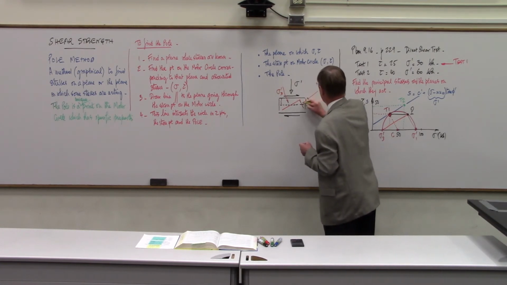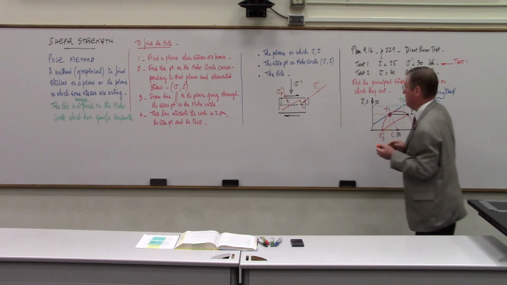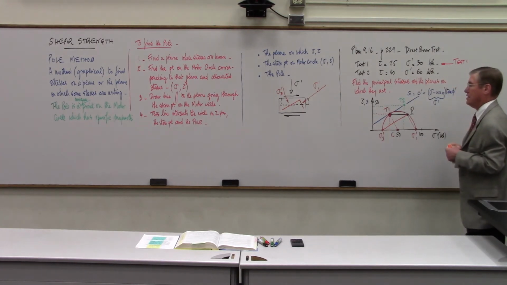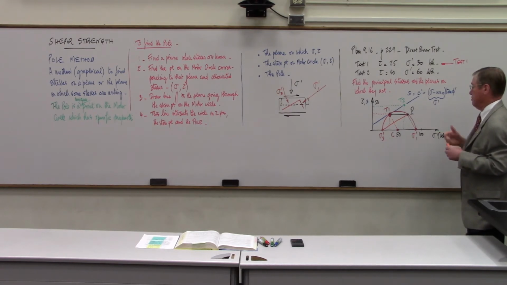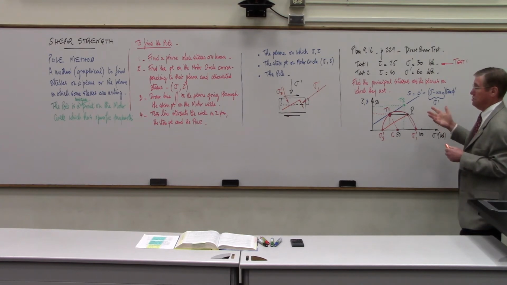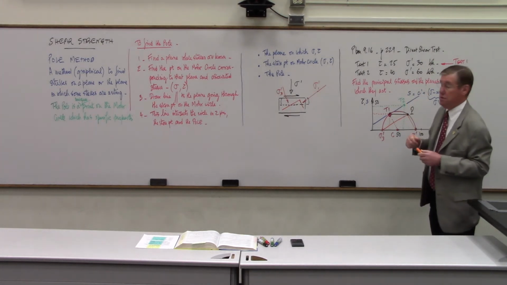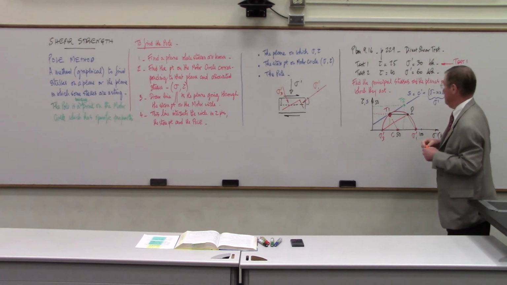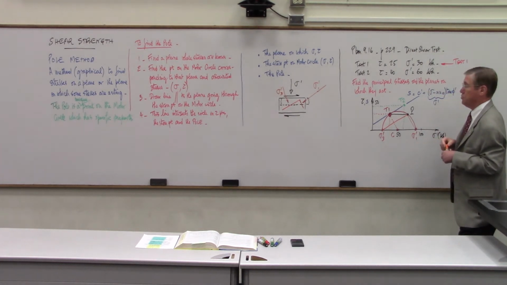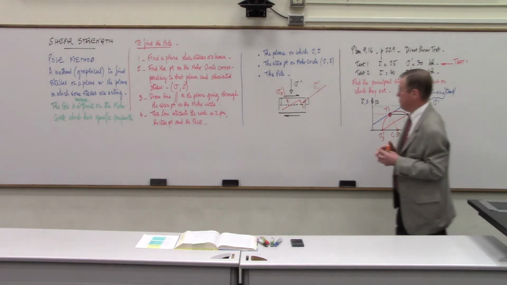And sigma prime 1, the big one, is acting in this direction. So that's how we use the pole method, and that helps us, in this case, to find the principal stresses and the planes on which these principal stresses are acting.